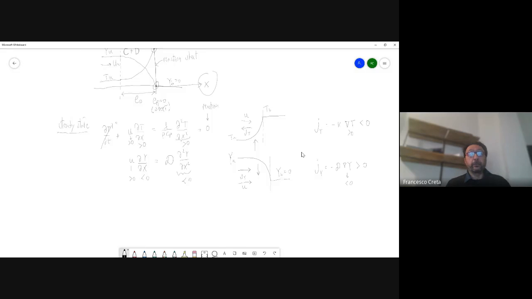You have a convective flux of temperature and species, given by U, which is always in the same direction. But now you have a diffusive flux of temperature going from the hot to the cold side. So what you see is, that's why it's called the preheat zone. You have essentially the burnt side heating the cold side through diffusion, okay? So this is essentially how the flame propagates, okay?